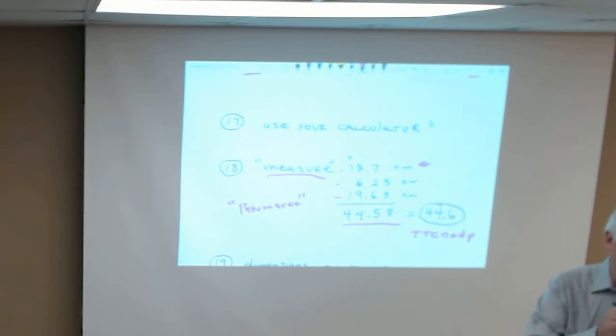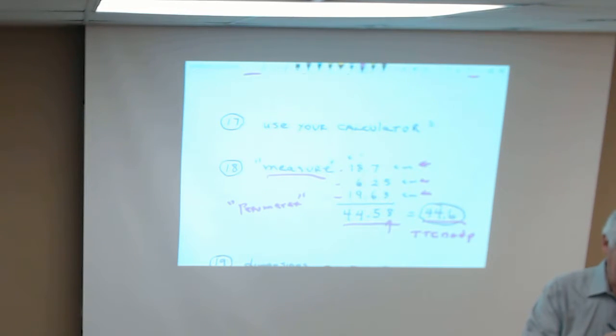How many significant digits in this number? 3. How many here? 3. How many here? 4. So how many in your answer? 3. So do we make it 4.45, 44.5, or do we make it 44.6?